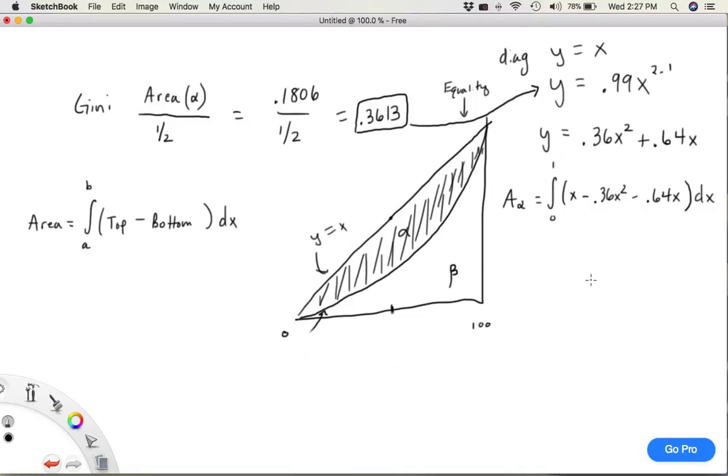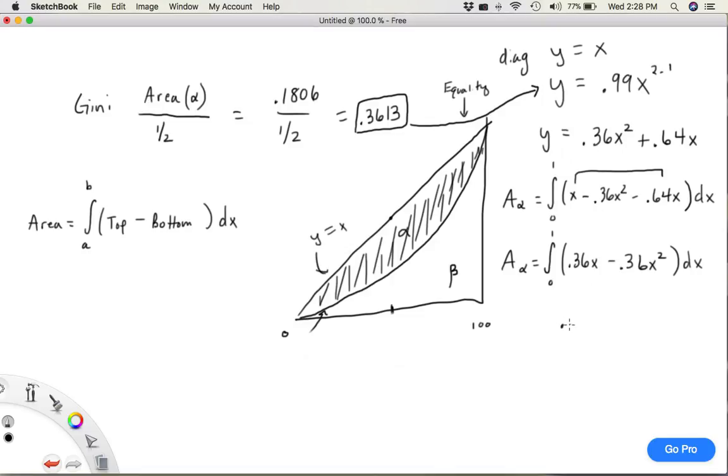I'm noticing the x and the negative 0.64x could just make 0.36x. So the area of the alpha piece is the integral of, I'm just combining these two, 1x minus 0.64x, which is 0.36x. Then we can go ahead and evaluate the integral.